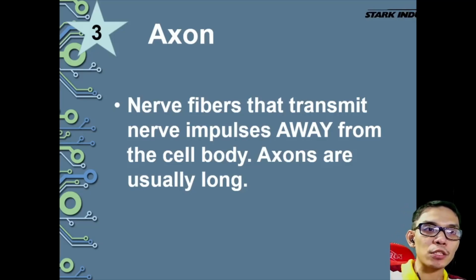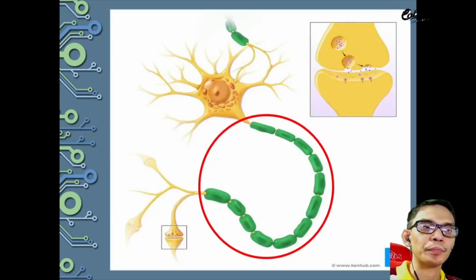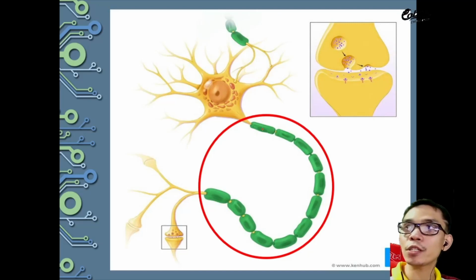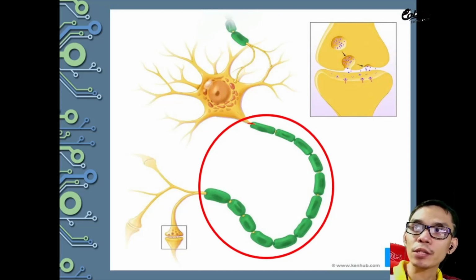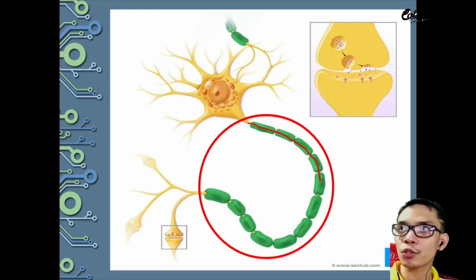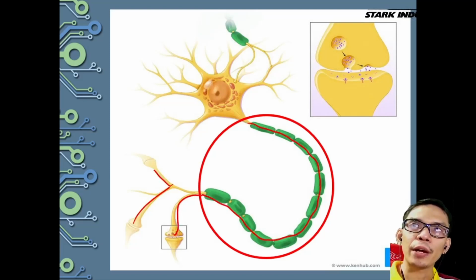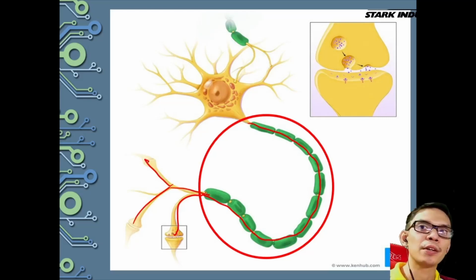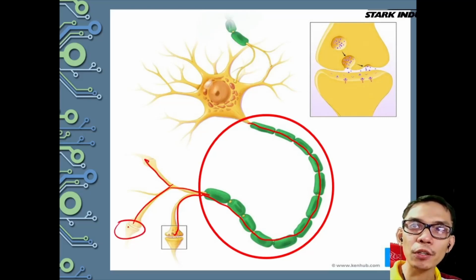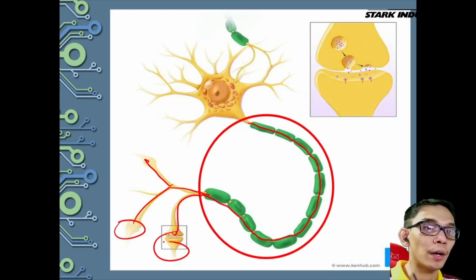So these are the axons, and take note, they transmit the impulse away from the cell body. These are the axons, not the green one. The green ones are other structures. If we extend this, it will end up right here, on these branches that you have here, connecting to the other neuron or even an effector. So this is the axon.